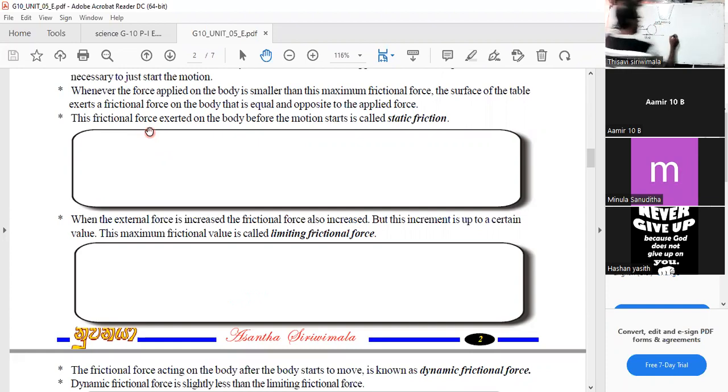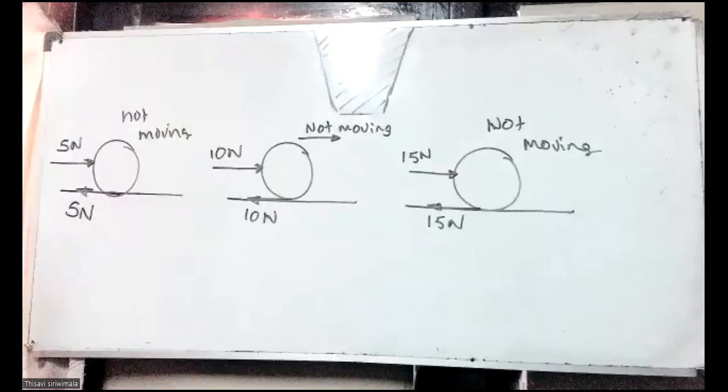Not moving. 15 newtons, 15 newtons again, not moving. So this frictional force is named as static frictional force. So you can draw these three diagrams in that box.